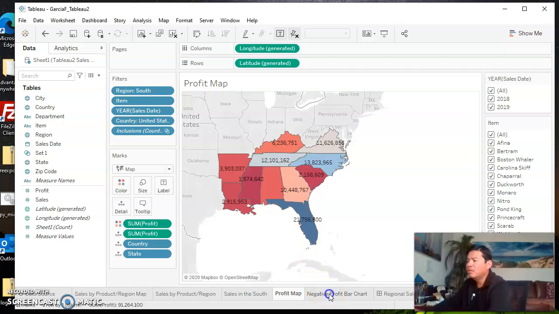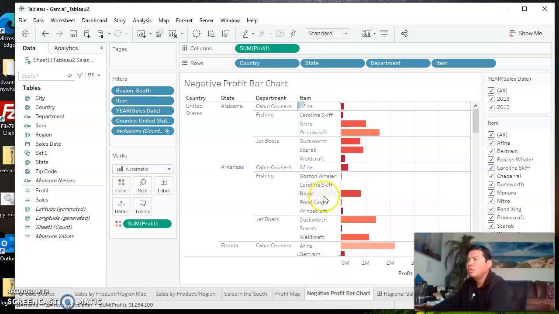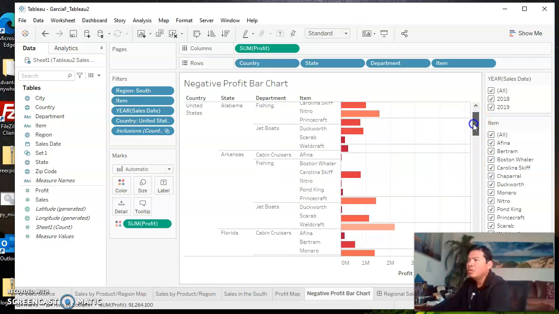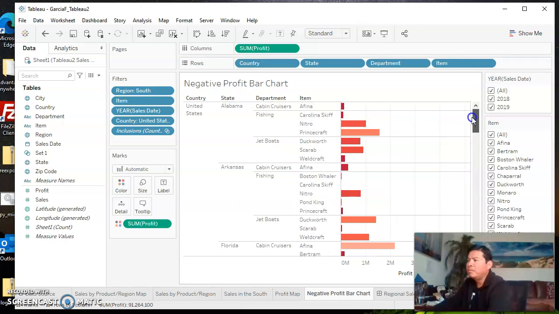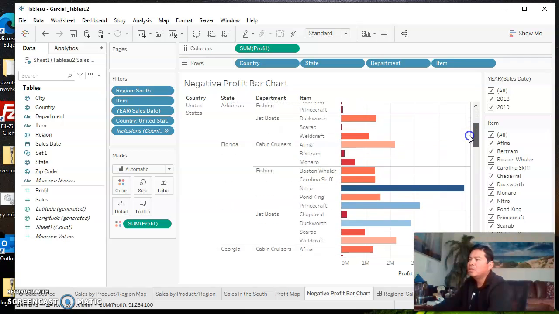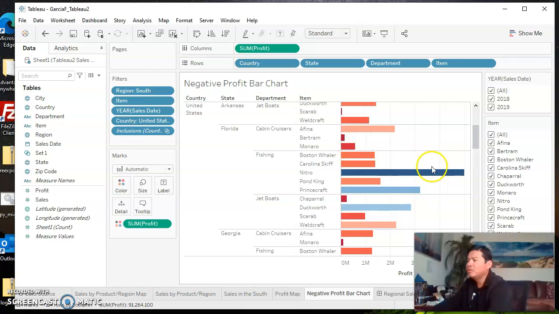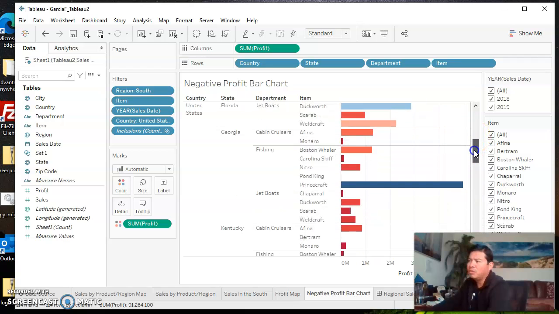So let's take a look at the next chart, which is the negative profit bar chart. Here we can see also by state the state of Florida, which has a lot of access to the ocean. This is where people buy the most boats, where we sell the most.